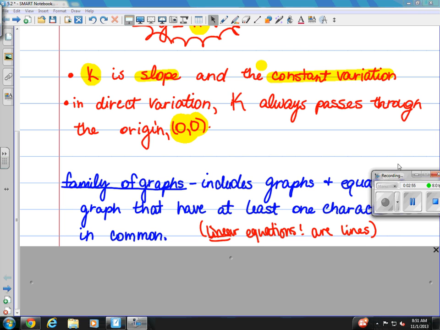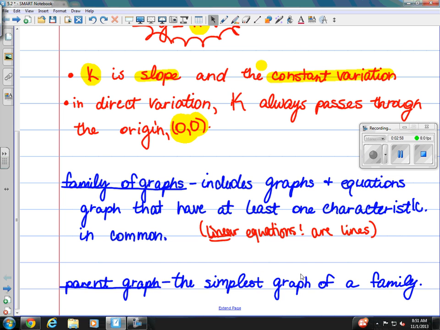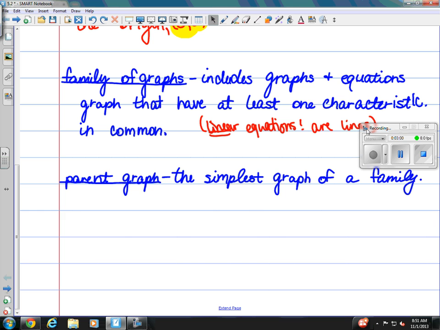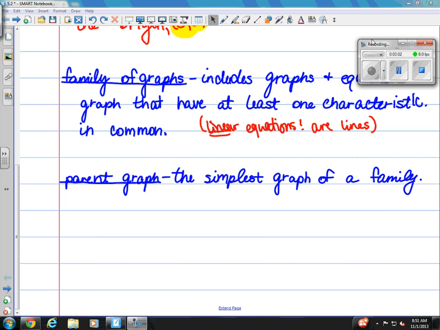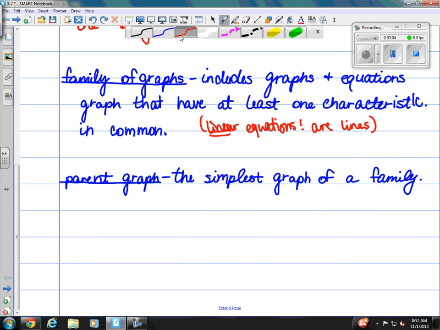And then our very last vocabulary word is parent graph. A parent graph is the simplest graph of the family. So with our linear equations, our simplest one would just be y equals x, because we have 1y, 1x, nothing else there.